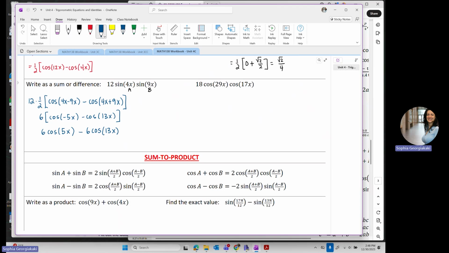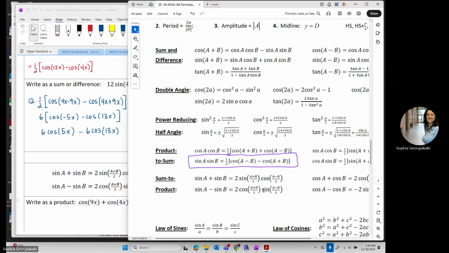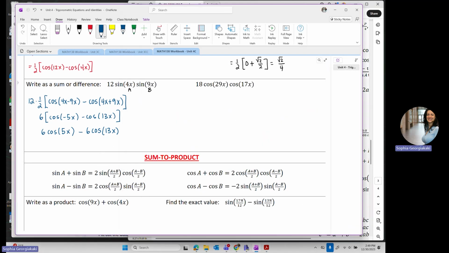Cosine times cosine is the sum of cosines. So I have here 18 times 1/2 cosine of A plus B, 29x plus 17x, plus the cosine of A minus B, 29x minus 17x. 18 times 1/2 is 9.